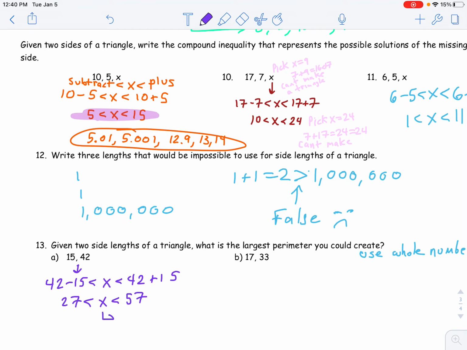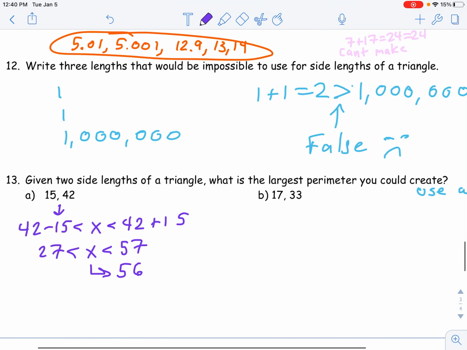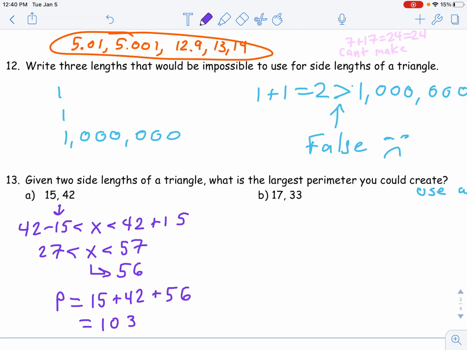Since I put the restriction that x can only be whole numbers, x is going to be 56. You can make a triangle with 15, 42, and 56. So the perimeter is going to be 15 plus 42 plus 56, and we get 103.